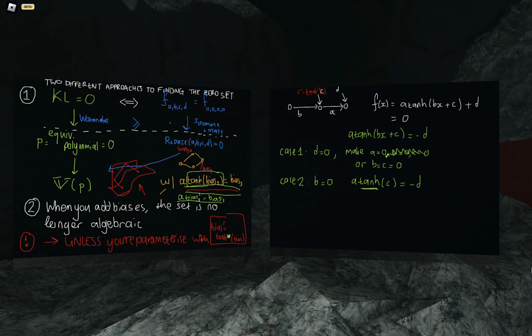So you re-parameterize the c to get rid of the non-algebraicity, is that what you're doing? Exactly, that's the idea. I just have to make sure I get it the right way around. What I want to do is end up with a tanh of tanh minus 1 of our new parameter equals minus d, and then that is just a times our parameter equals minus d. Now that is algebraic again. Not linear, but at least it's a polynomial.